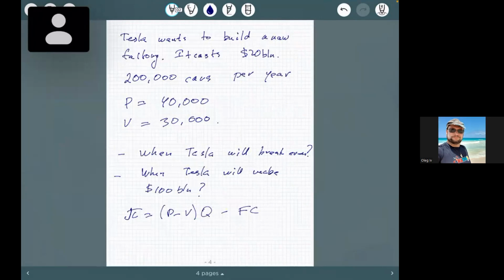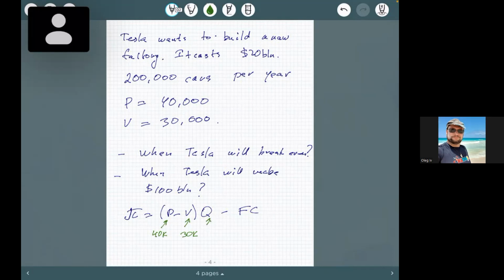So we got the price, this is 40K. This is 30K. Now we know the quantity, so we have time. The quantity we will figure out for 1 year.